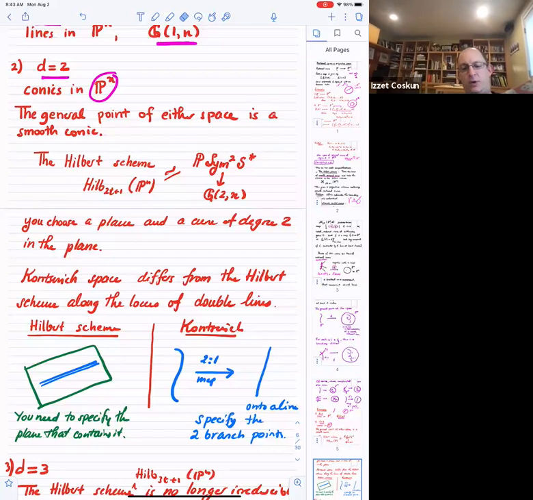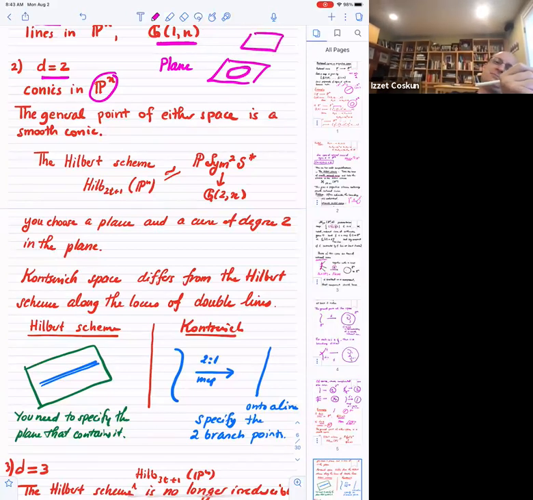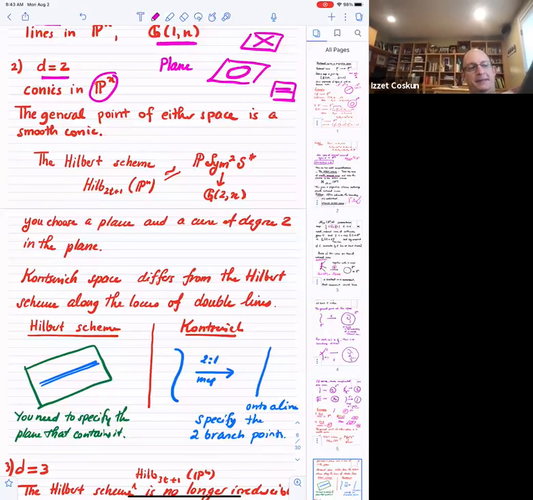So what it boils down to is that you need to specify a plane, and in the plane you need to specify a conic. In the plane, the conic typically is a smooth conic, but it can break into a union of 2 lines, or it could even become a double line. But the key point here is that they are always planar.